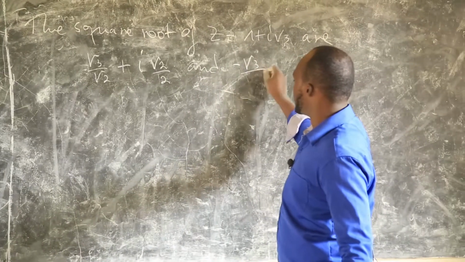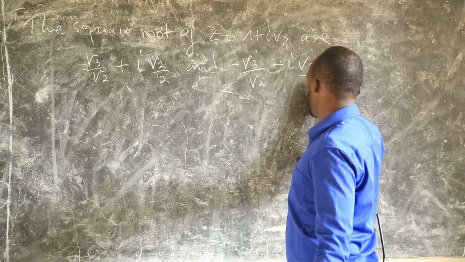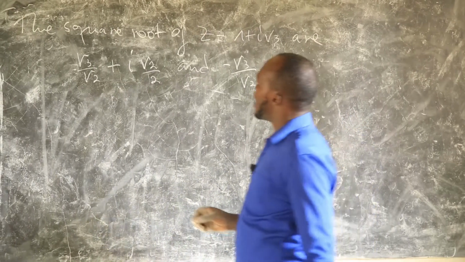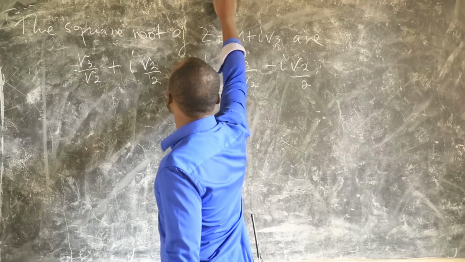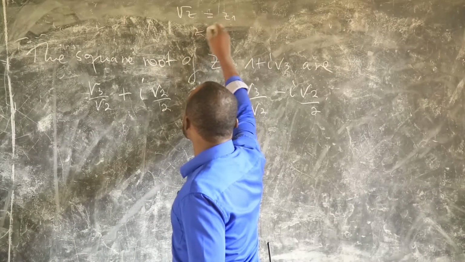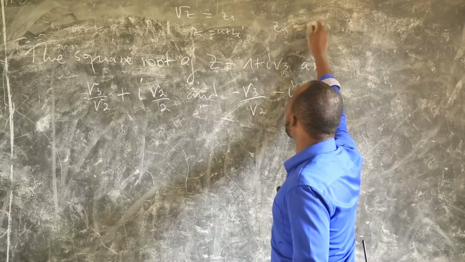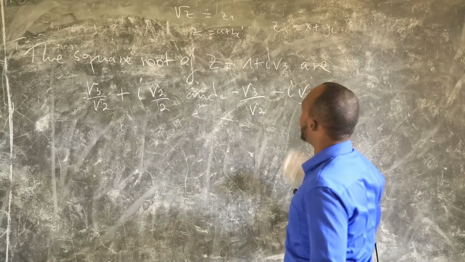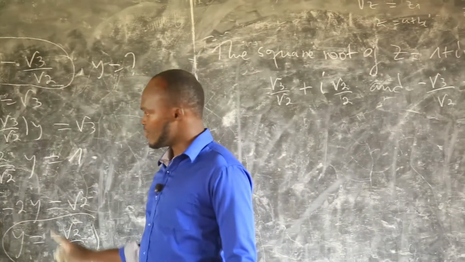Negative root 3 over root 2 minus i root 2 over 2. Remember, when you're finding the square root of z, it must be z1. When z is a plus bi, z1 is x plus yi. So we have the value of x and the value of y.